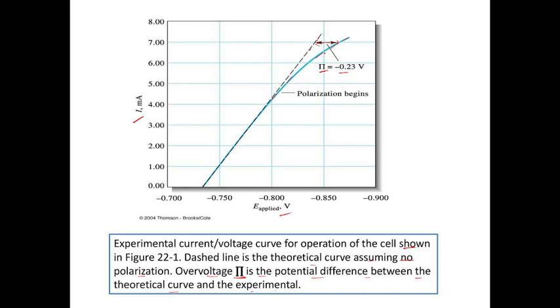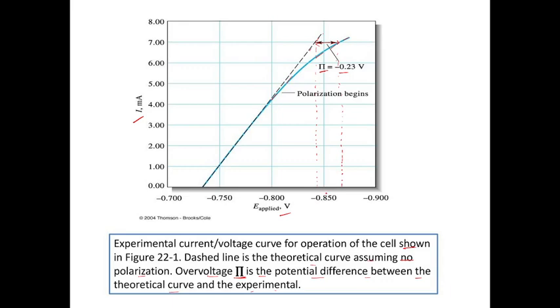So what we are going to say here is that if you draw a line like that, at this potential the current should be this one. But the current actually occurs at a different potential.